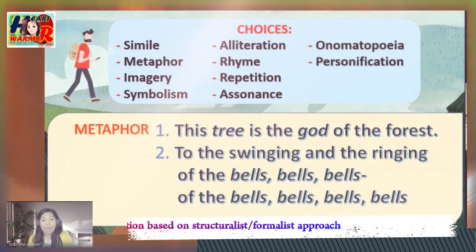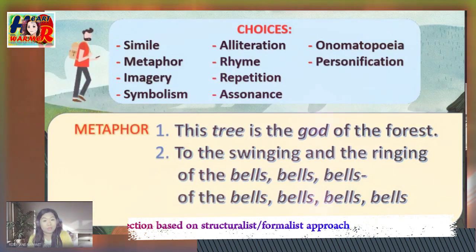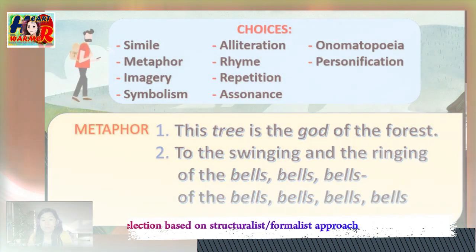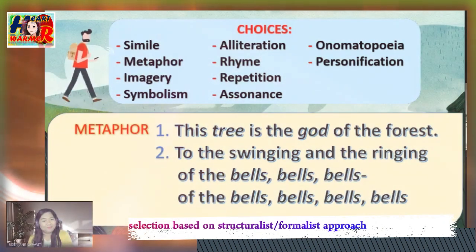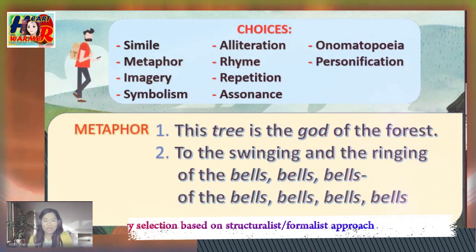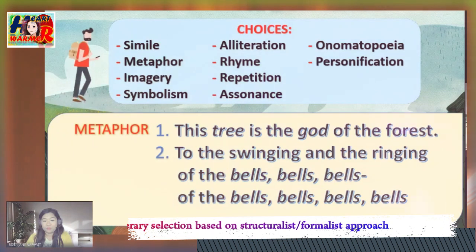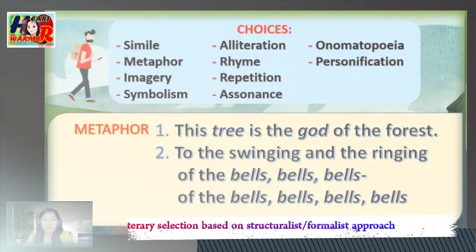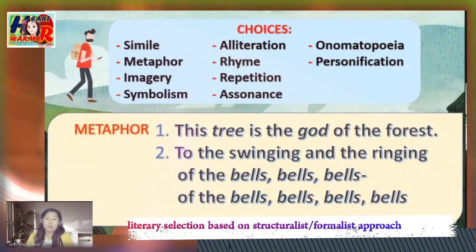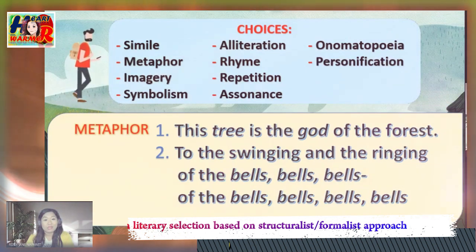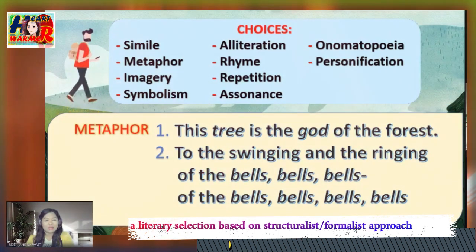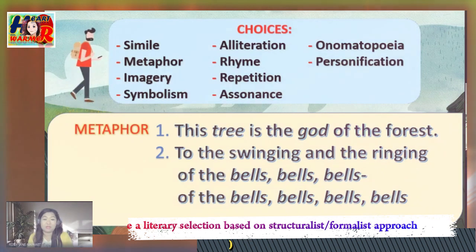The swinging and the ringing of the bells, bells, bells. So, what do you think is the correct literary device in number 2? Obviously, the word bells is repeated several times. That's even being redundant because there's repetition.